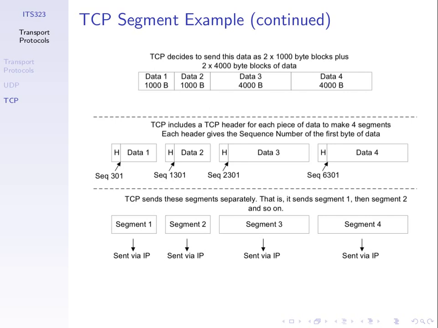Those 4 datagrams should arrive at the receiver. And if everything's okay, the receiver will receive the 4 and put them back together so that we get the original 10,000 bytes. And how does it know to put them back together in the right order? Based upon the sequence numbers. Okay.